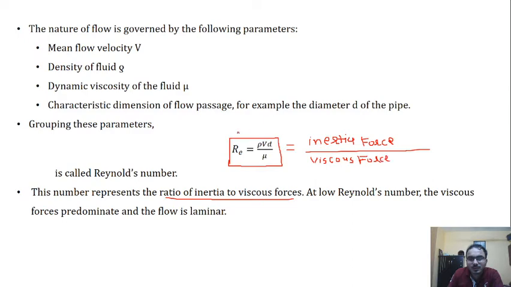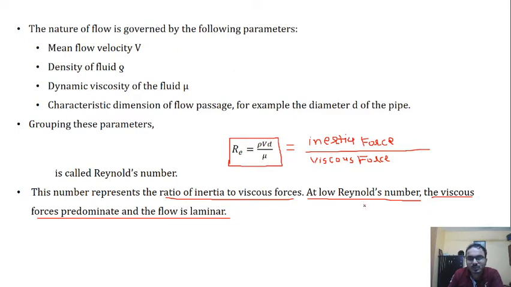Now we will go into detail of this formula in a later part of this chapter, but as of now you should remember that Re, that is Reynolds number, is equal to rho V d divided by mu. Now this number represents again the ratio of inertia force to viscous force. So at low Reynolds number, the viscous force predominates and the flow is laminar.